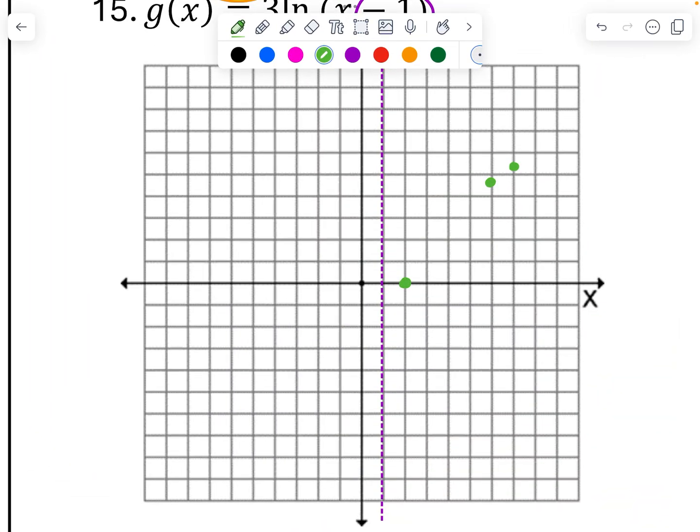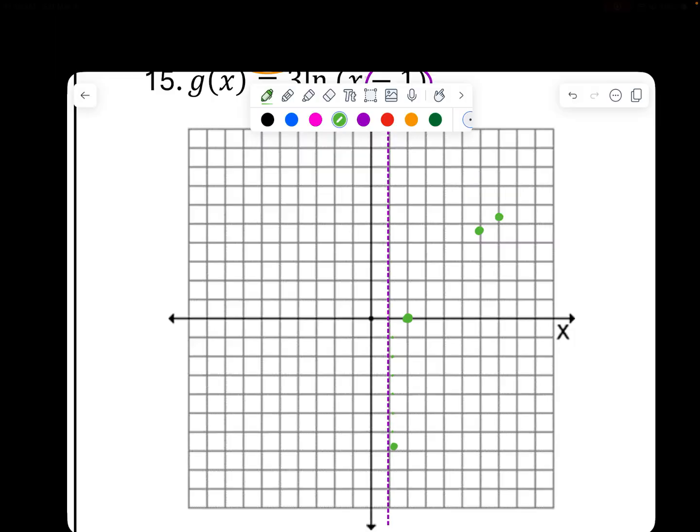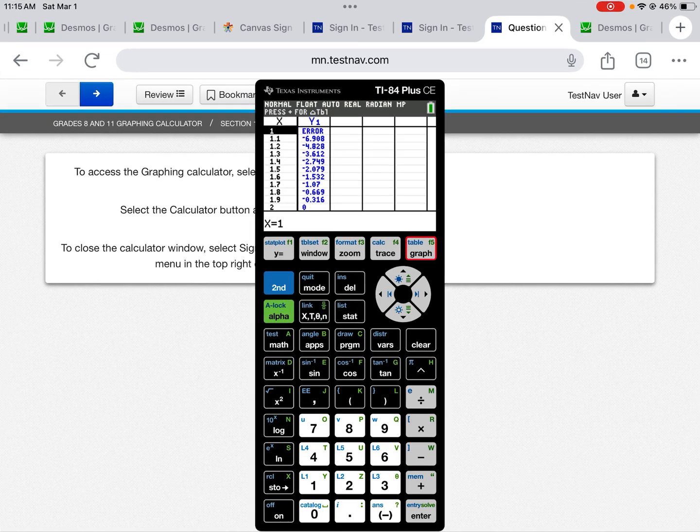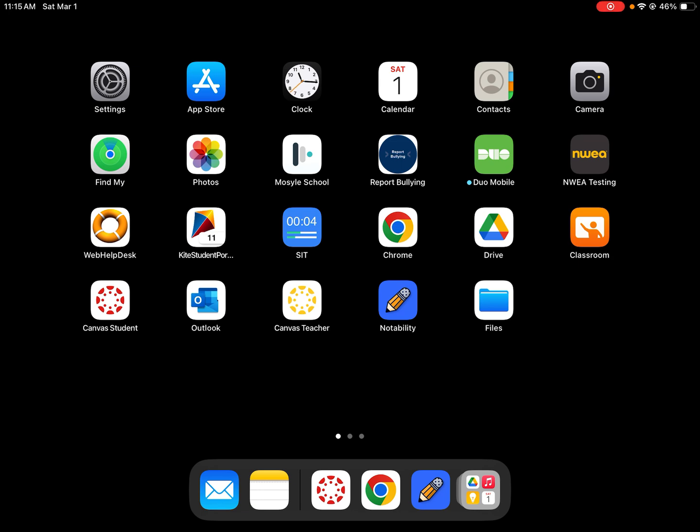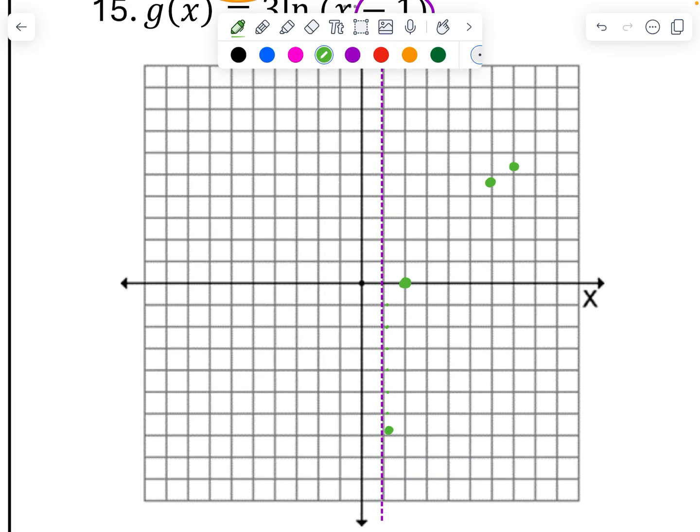So 1, 2, 3, 4, 5. Negative 6.9. So that's like right there. Okay, and then if you look at 1.2, that's almost negative 5.